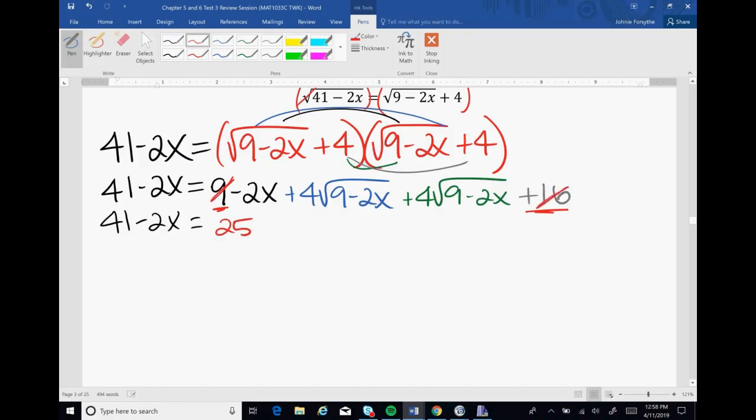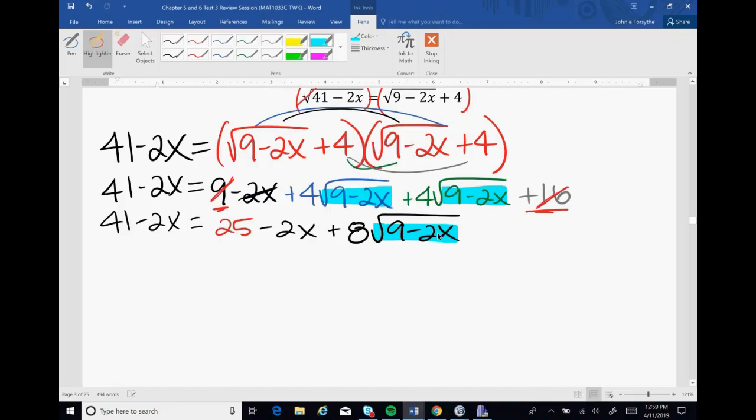Okay, I'm going to cross that out. Now I'm going to bring down that minus 2x, cross that out, and then I have like terms in the middle. So that's going to be 4 root 9 minus 2x plus 4 root 9 minus 2x, which is going to give me plus 8 root 9 minus 2x. Those are your like terms.